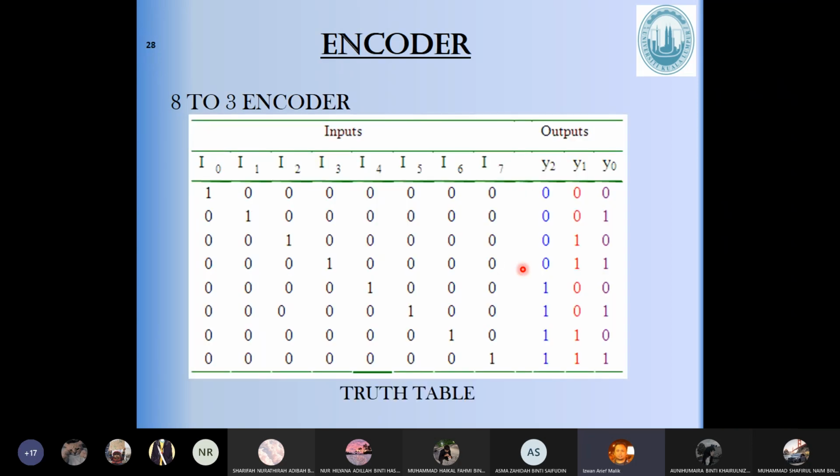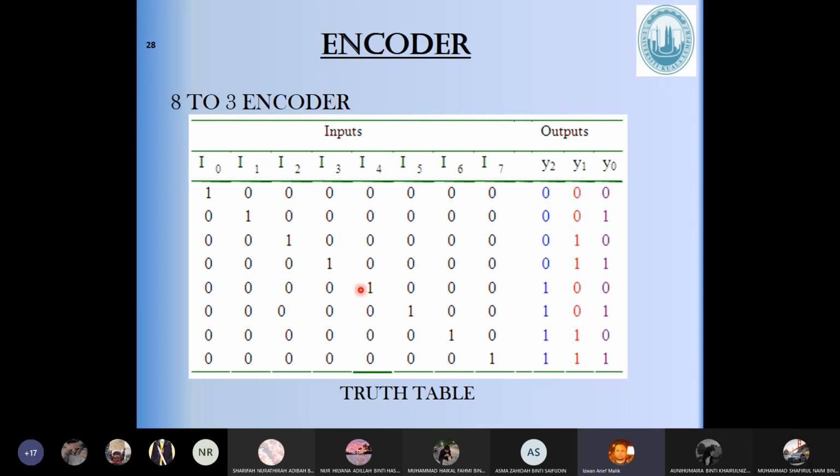Okay. This is the truth table. So the truth table is just reversed from the decoder. Previously for the decoder, this one is input, this whole thing is the outputs. Now it is reversed, this one becomes input, this one becomes output. So when I0 is high, output is 000. Okay, when I5 is high, output is 101.